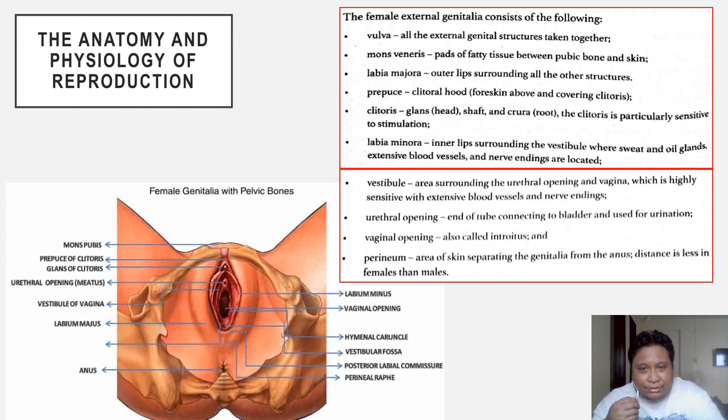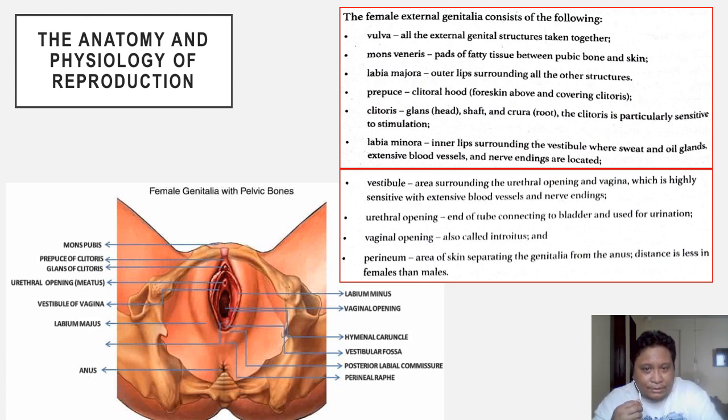The urethral opening is the end of the tube connecting to the bladder, used for urination. That is where the urine comes out. The vaginal opening is also called the introitus.